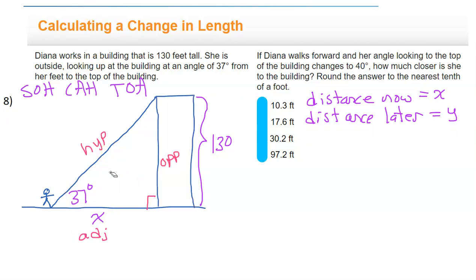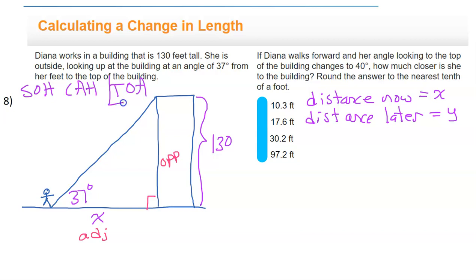So for this problem, we are going to be dealing with opposite and adjacent. Opposite is 130. Adjacent is x. The hypotenuse has nothing, so I'm going to ignore that and focus on the fact that I'm dealing with opposite and adjacent. Which trig function is that?